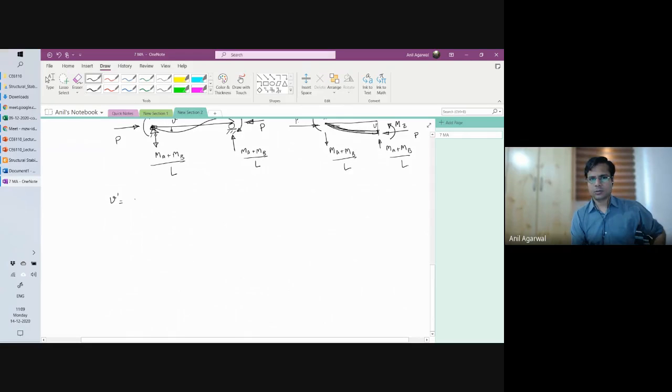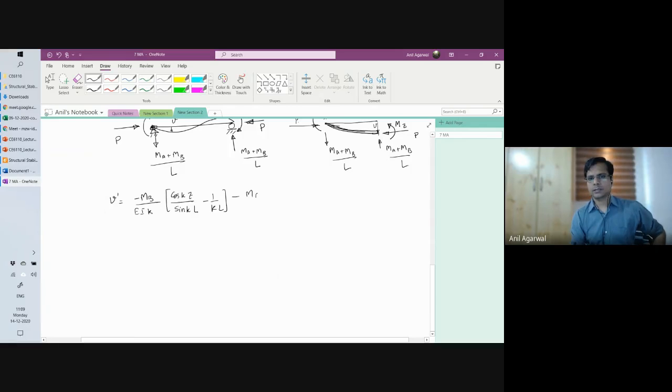V prime will be equal to minus MB divided by EIK, I have already substituted the A and B coefficients here, times cos kz divided by sine kl minus 1 by kl.